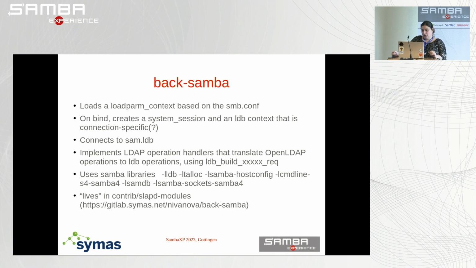It creates an LDB context and it hangs it off the user session. It's similar to what Samba does right now. So it connects to some LDB, and it has operation handlers for LDAP operations that basically translate them to LDB operations using the ldb_build_rec functions. We load a bunch of Samba libraries: LDB, talloc, samba-hostconfig, which is for the loadparm context, some DB, and probably by the time I'm actually done with it, there'll be much more.